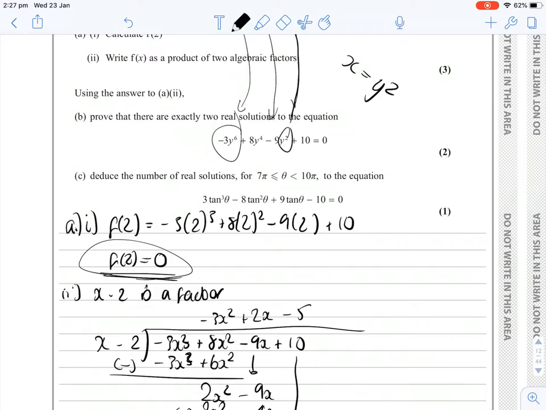Part C, deduce the number of real solutions for 7 pi is less than or equal to theta is less than 10 pi to the equation 3 tan cubed theta minus 8 tan squared theta minus tan theta minus 10 equals 0.